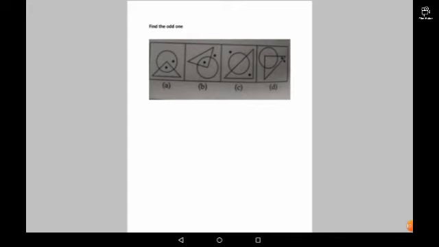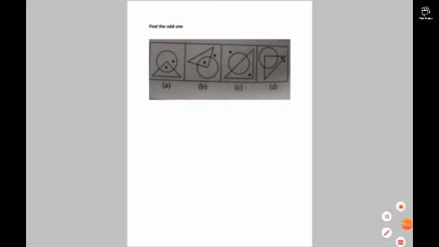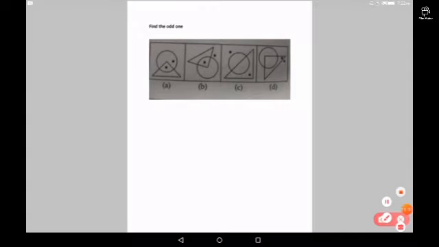This is again a reasoning question, and the question asks to find the odd one. So in here we can see the dots are lying only in circle and triangle common. In this B option we can see a dot common to circle and triangle, and a dot which is not common to either triangle or circle, one outsider dot.